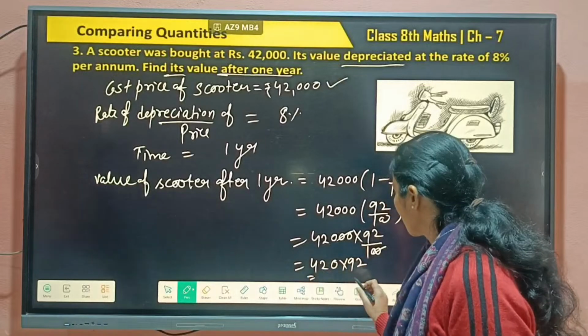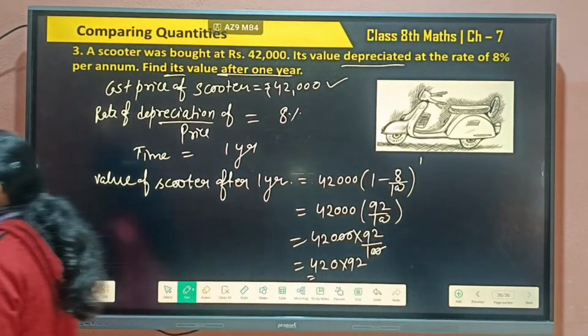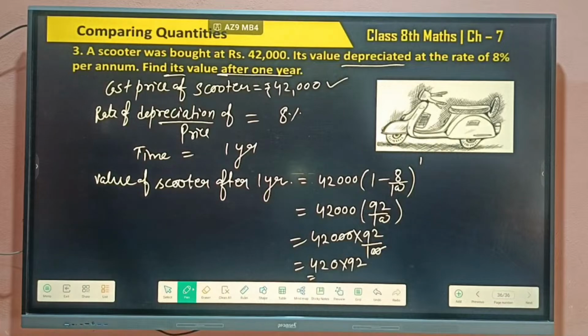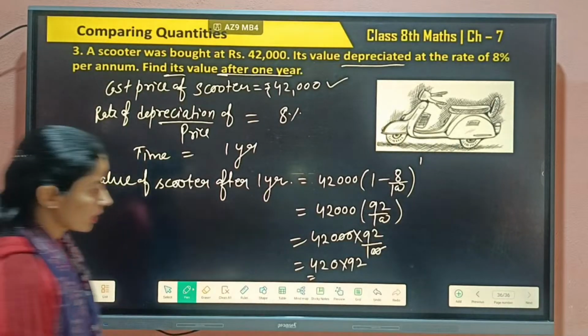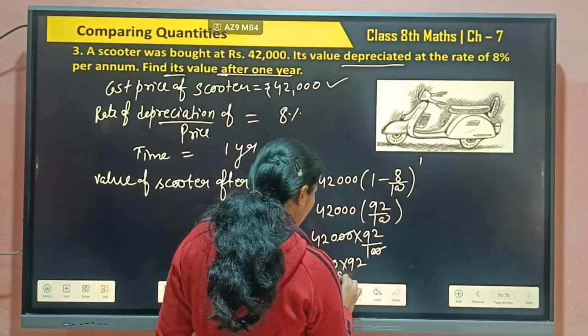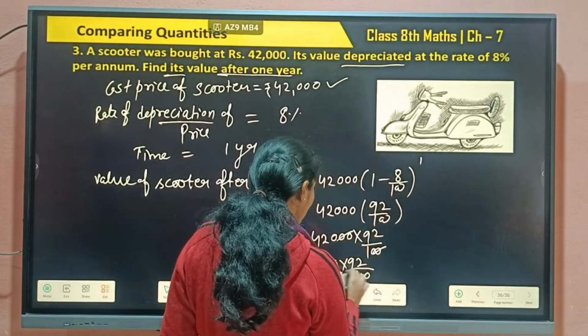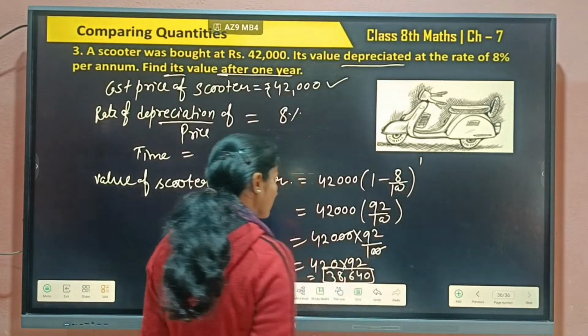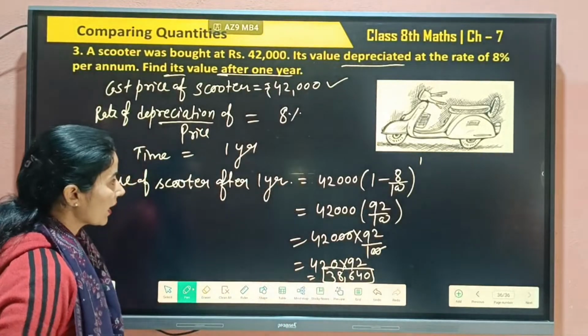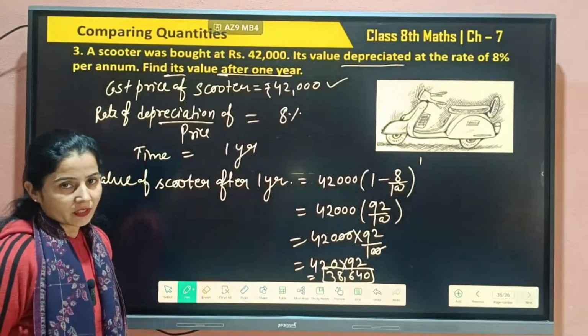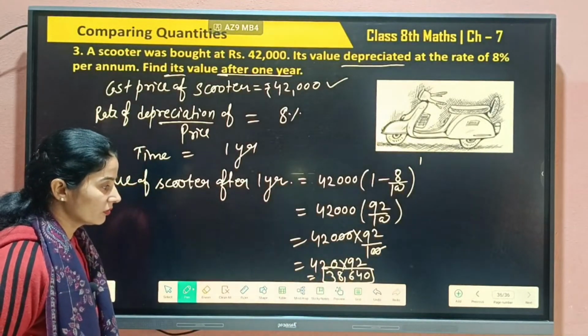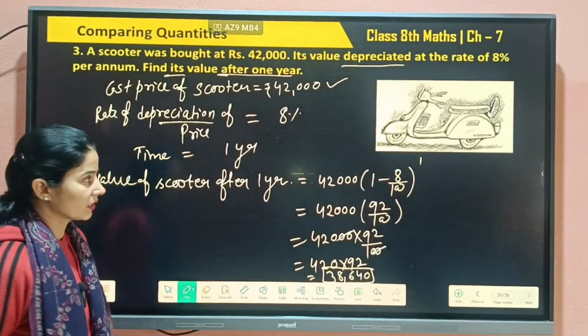If you multiply 420 with 92, you will get your answer, 38,640. This will be your answer, the value of the scooter at the end of 1 year. This is the depreciated value of the scooter at the end of 1 year.